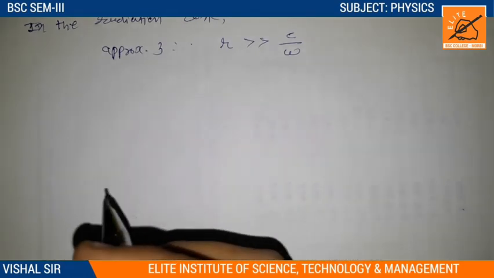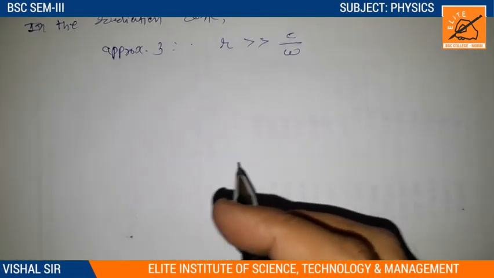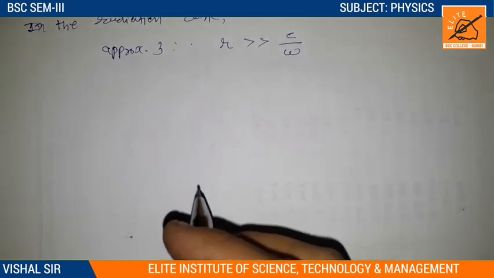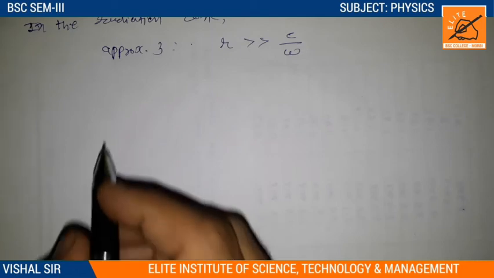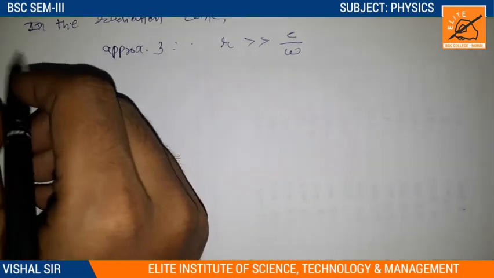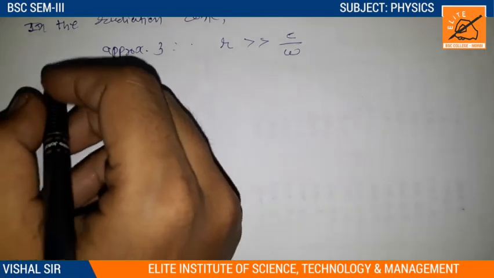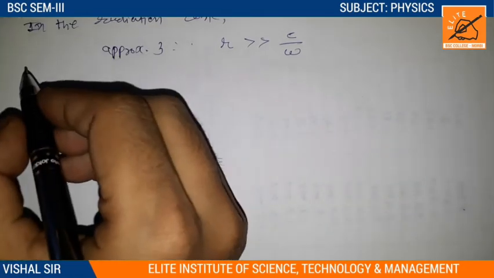So the first term in A is negligible. It means in the formula of A of r theta t, the first term will be negligible.